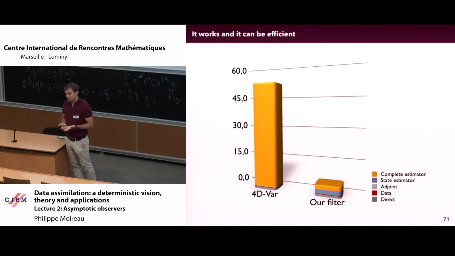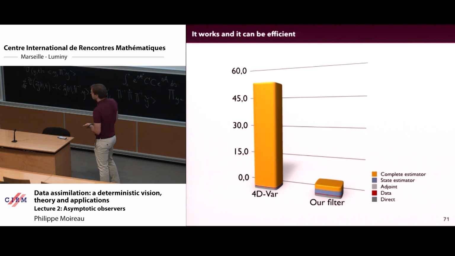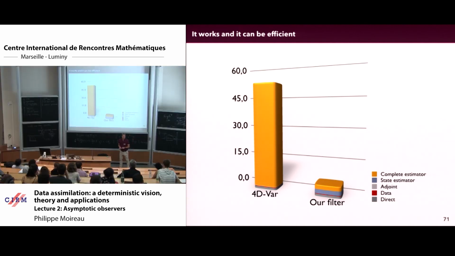What I try to show you is that there is a way to work on the PDEs in order to build a new observer that gives you the good result in only one run. So basically for the work that we have done with Jean-Frédéric, we get the results in 1.5 days instead of 1 day.